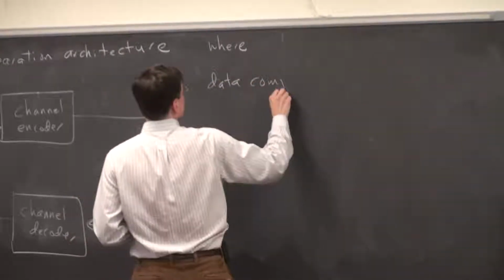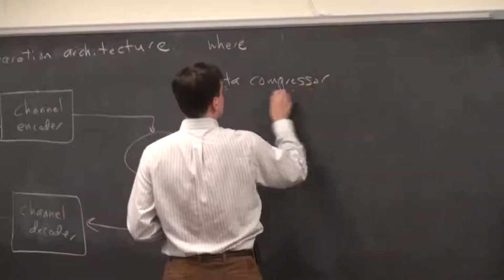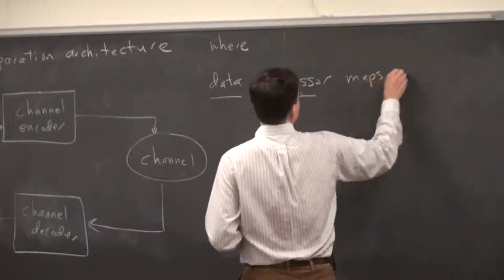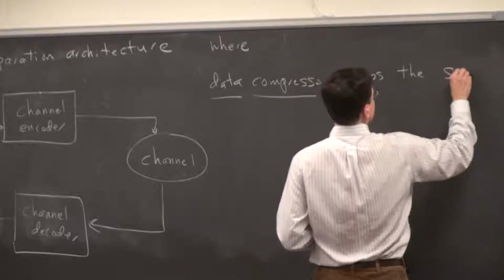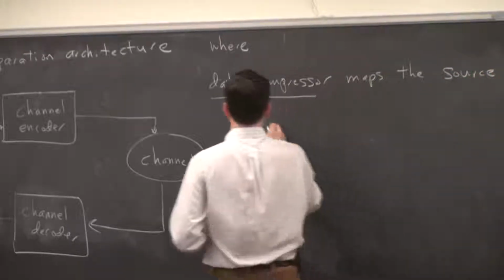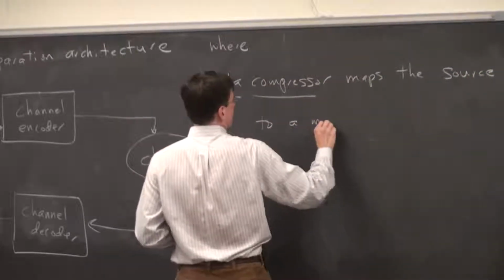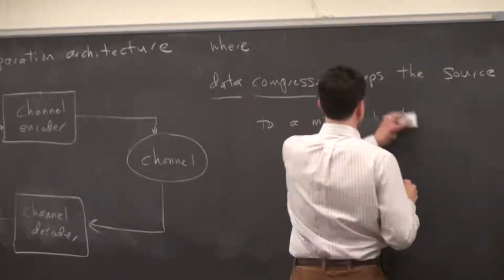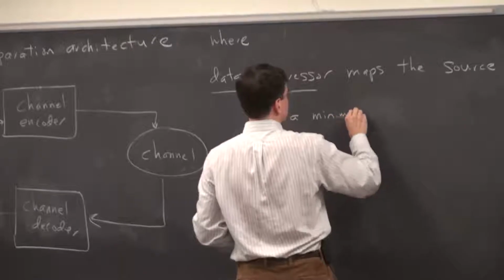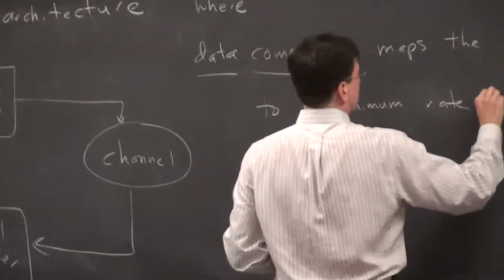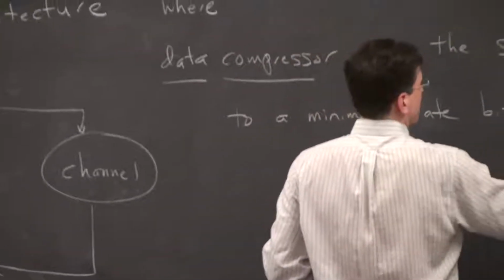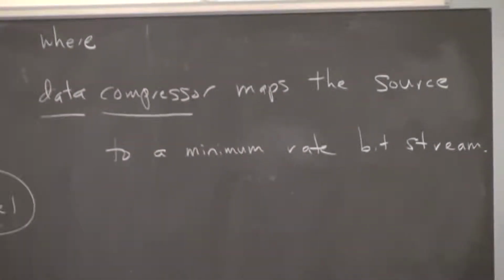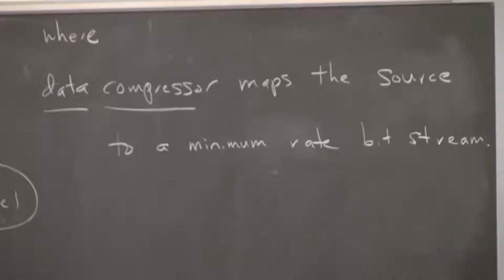So the data compressor maps the source to a minimum rate bit stream.